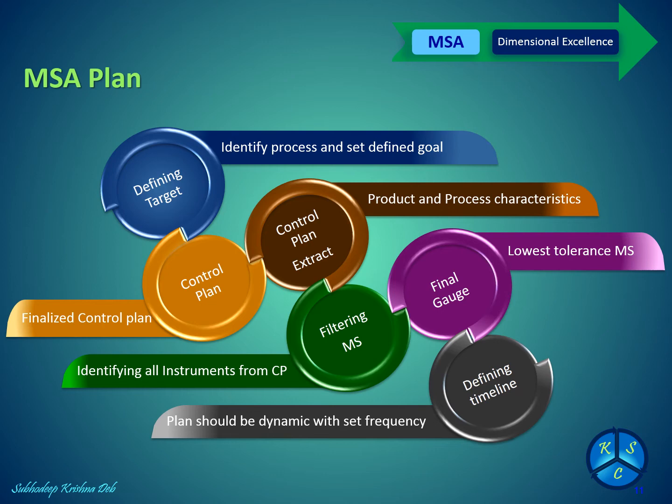Remember, per day there should not be more than 2 MSAs for a particular system, because one MSA needs a certain amount of time, concentration and calculation. We should not hurry very much in performing the MSA, and we should define the timeline very holistically. So this is what the MSA plan is all about, and after that we will move towards the MSA execution.